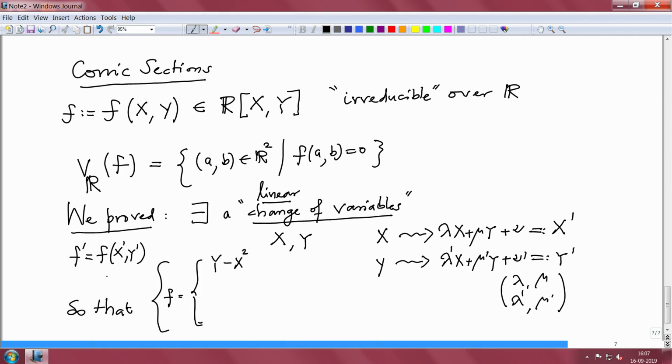Now the new variables I also call x and y. So the new polynomial will look like y minus x square, or xy minus 1, or x square plus y square equal to 1. It will look like one of these.